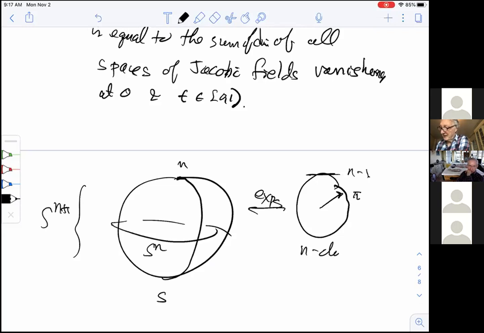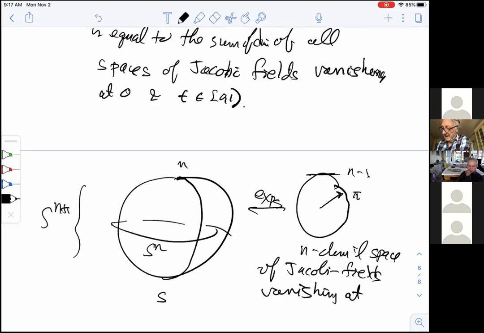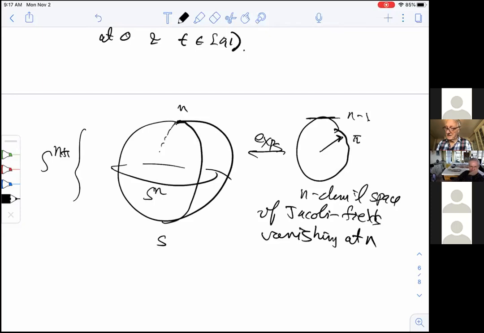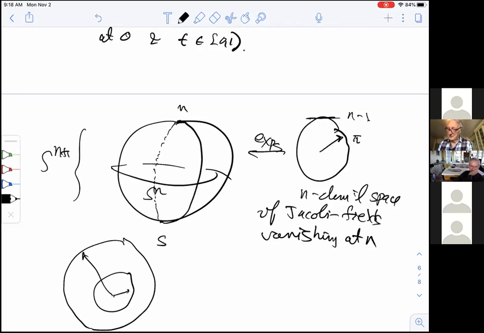So there's an n-dimensional space of Jacobi fields vanishing at N along this minimal geodesic. If you keep coming back around, there are no points where the Jacobi fields vanish except when you get back to S, and then you have the full sphere of radius 2 pi, and the exponential map sends that sphere onto the South Pole.